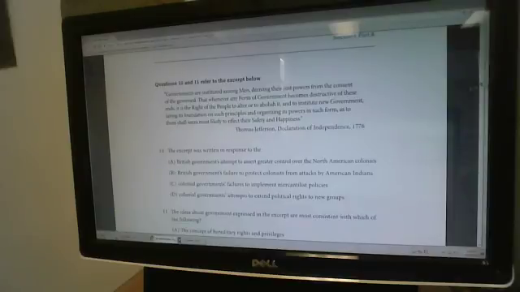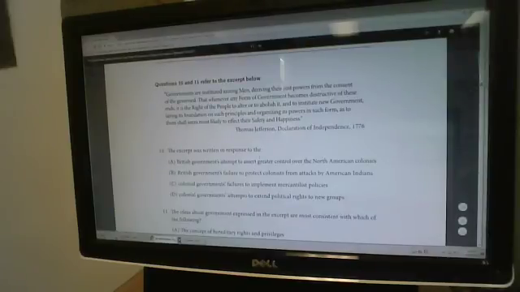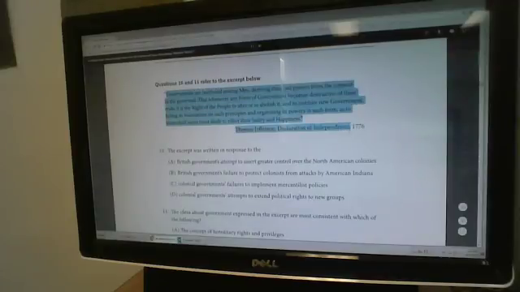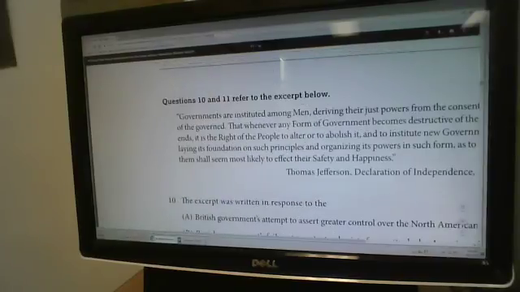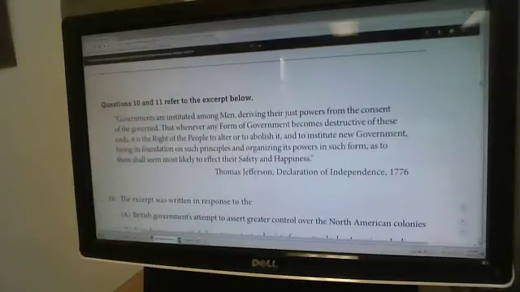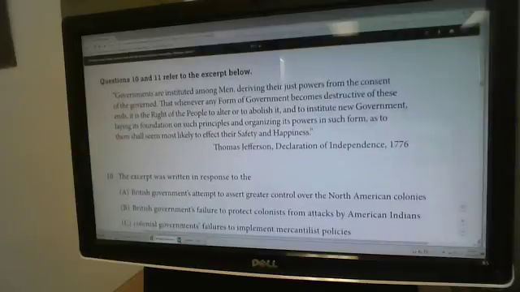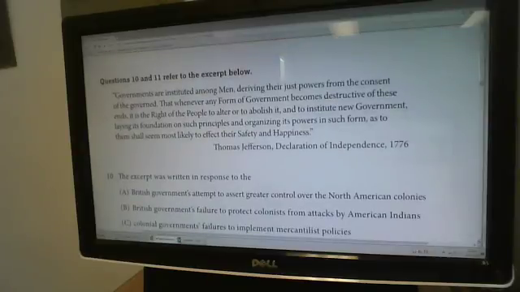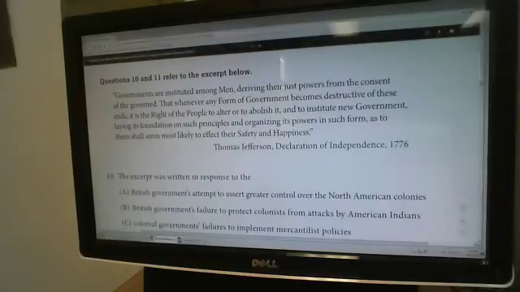Oh, here we go. Here's one. The excerpt was written in response to, so here's right here, Thomas Jefferson, Declaration of Independence. Governments are instituted among men, deriving their just powers from the consent of the governed. That whenever any form of government becomes destructive to these ends, it's the right of the people to alter, abolish, and institute new government, laying its foundation on such principles, organizing powers in such form as to them shall seem most likely to affect their safety and happiness.